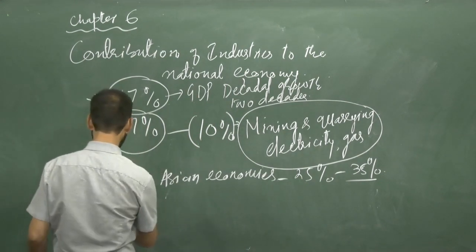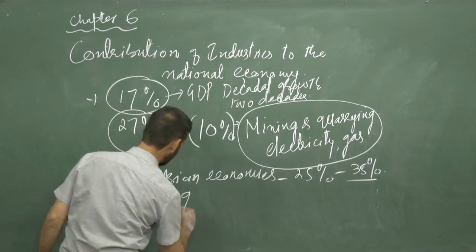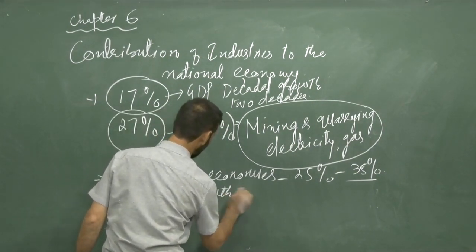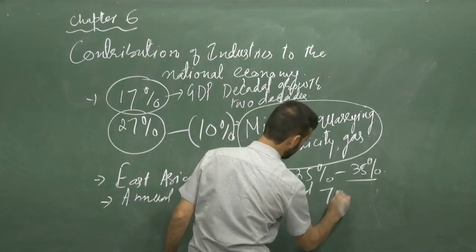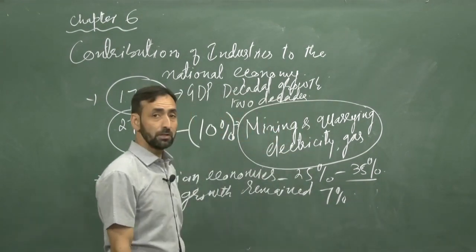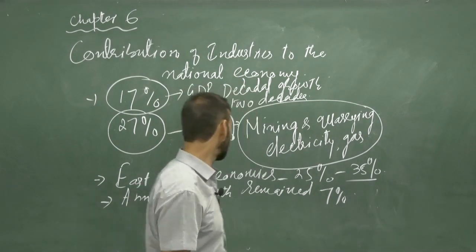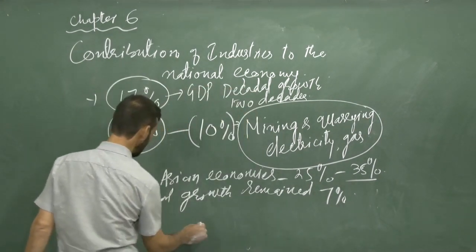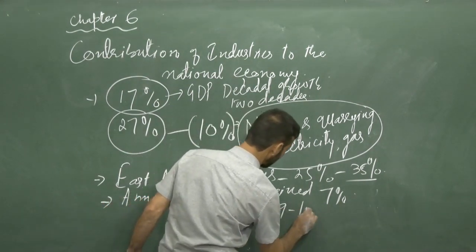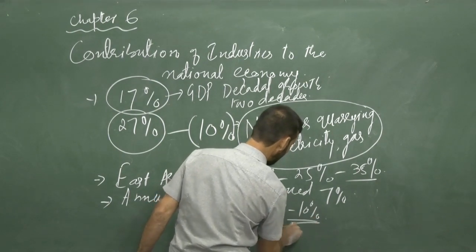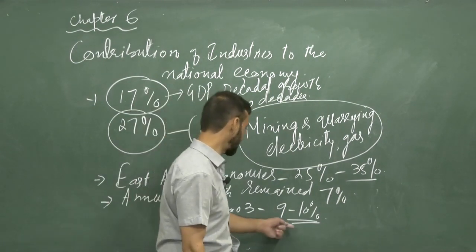When we see the last decade, what was the annual growth rate? The annual growth rate remained 7%. It was only in 2003 that the growth rate rose up to 9 to 10%. It is because of the more export of goods which were exported to other countries.